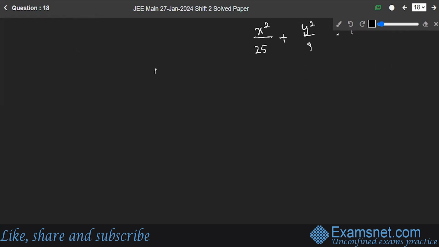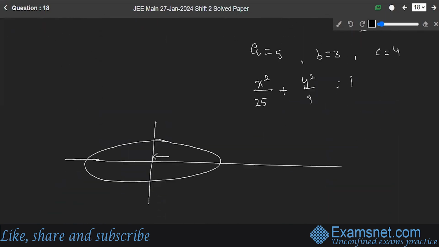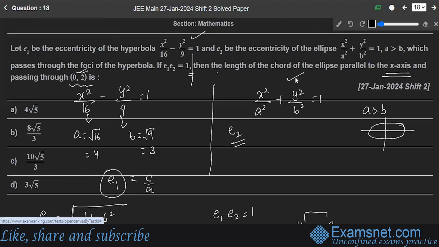So this is your ellipse. This is your A, 5. And this is your 3. What do you have to find out? Okay, let's write down.